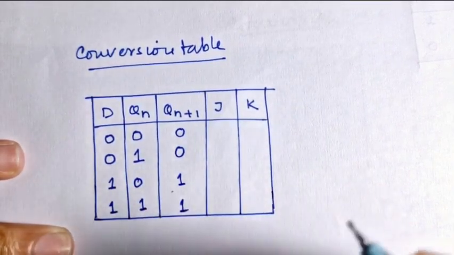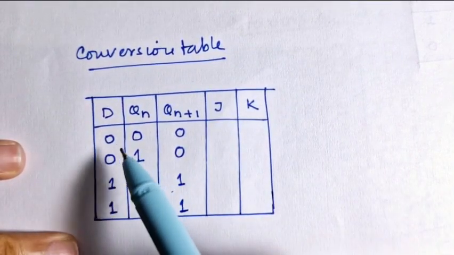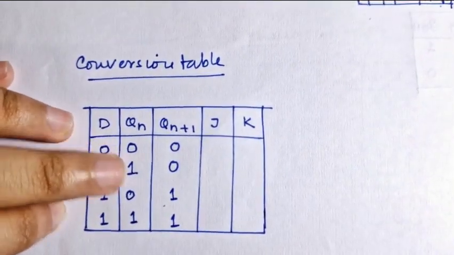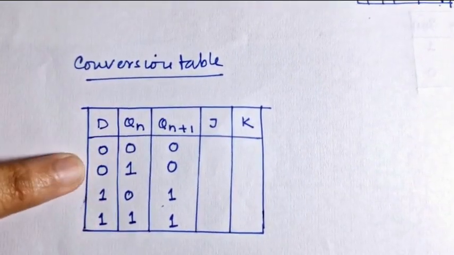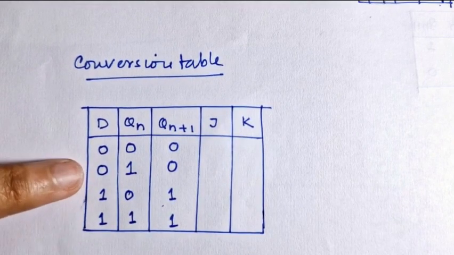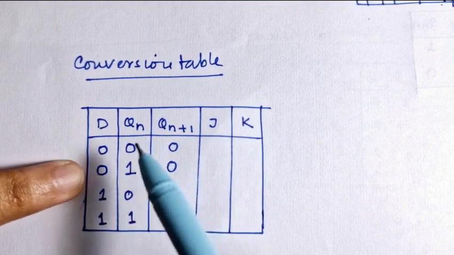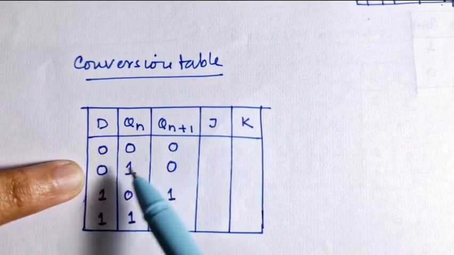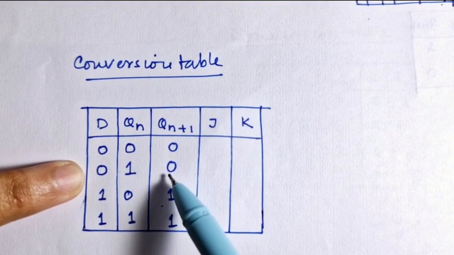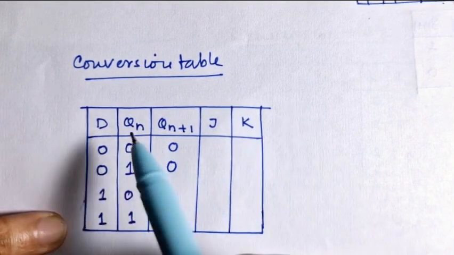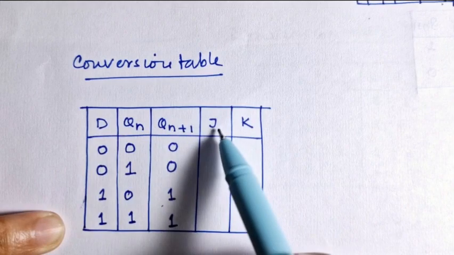Now we should check it. We can observe from the truth table that no matter what Qn has, the value D holds will be put in the Qn plus 1 column. That is, when D is 0, Qn plus 1 directly becomes 0, and when D is 1, Qn plus 1 becomes 1.